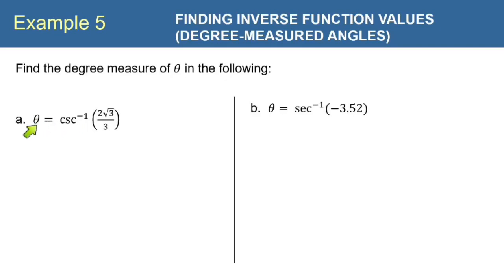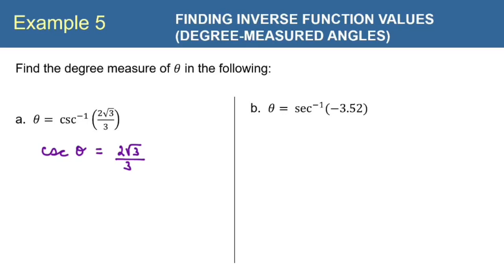We know that if theta is equal to cosecant inverse of this number, that means that cosecant of theta is equal to this number, 2 square root of 3 over 3. See, that's what I mean when I say translate out of inverse form. And all that does is it swaps the input and the output.